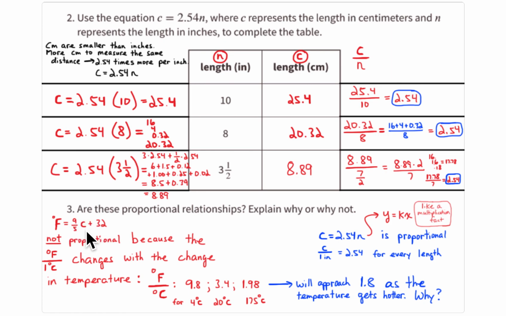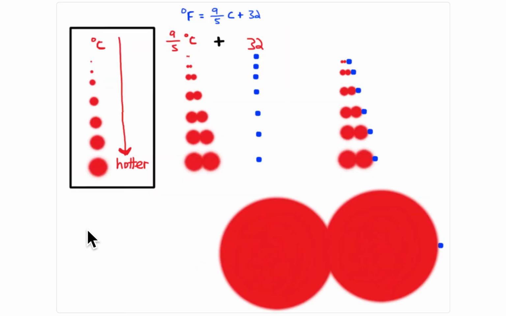So what happens if you make this part of the equation really, really big? In other words, the degrees Celsius really, really high or really, really hot. I don't know if this makes sense to you or not. I just thought I would try it. So on this rectangle on the left here, I'm showing the increase in the degrees Celsius as the size of this dot.